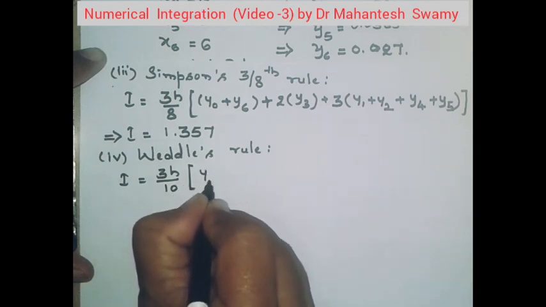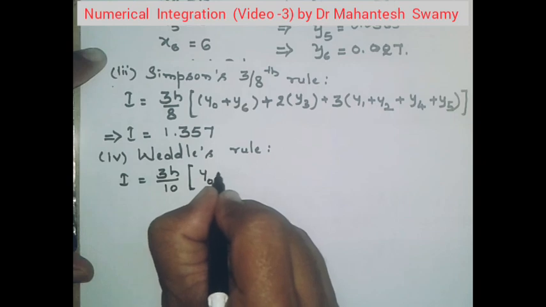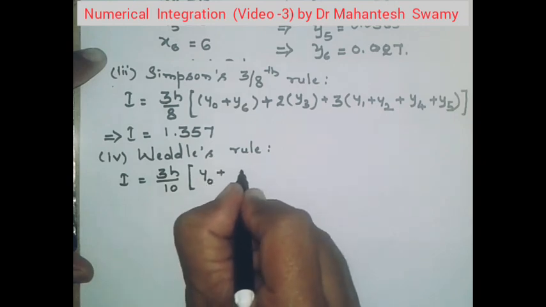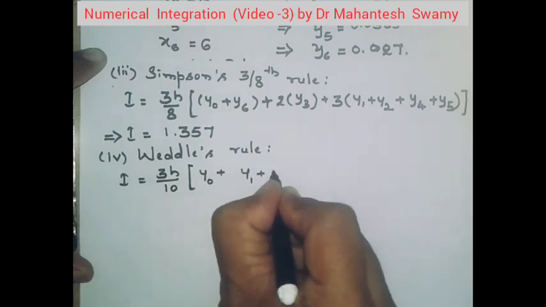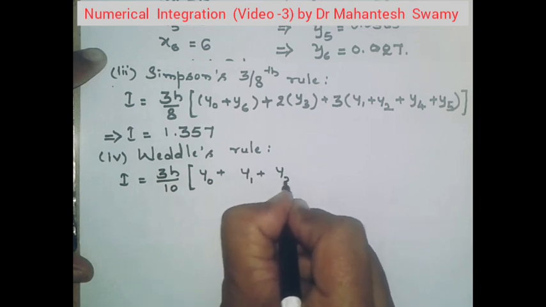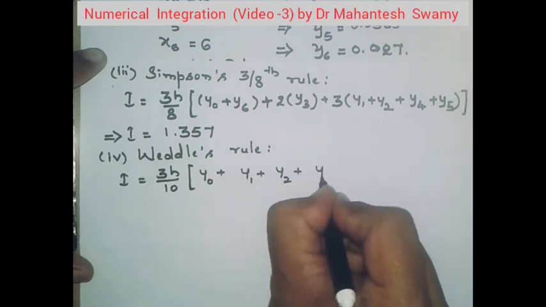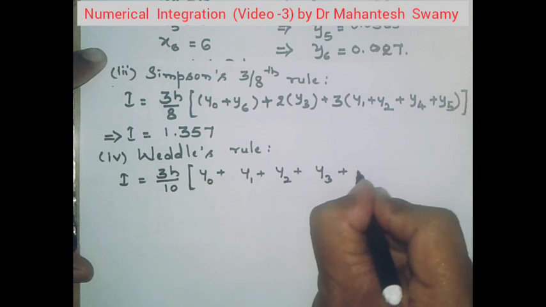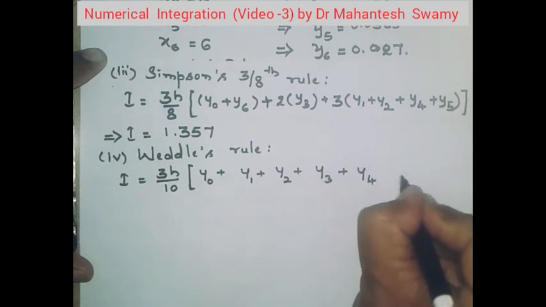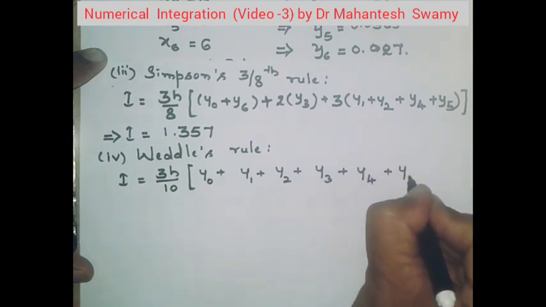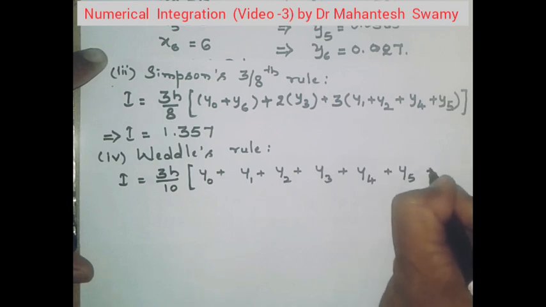First we should write down all the symbols: y0 plus y1 plus y2 plus y3 plus y4 plus y5 plus y6.